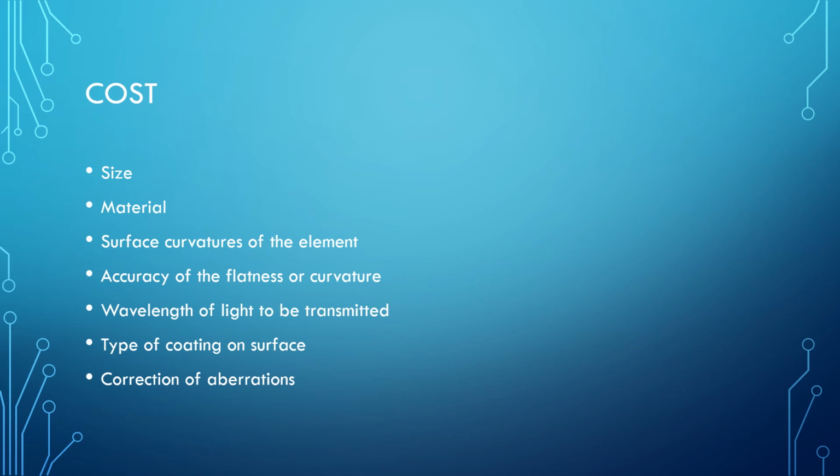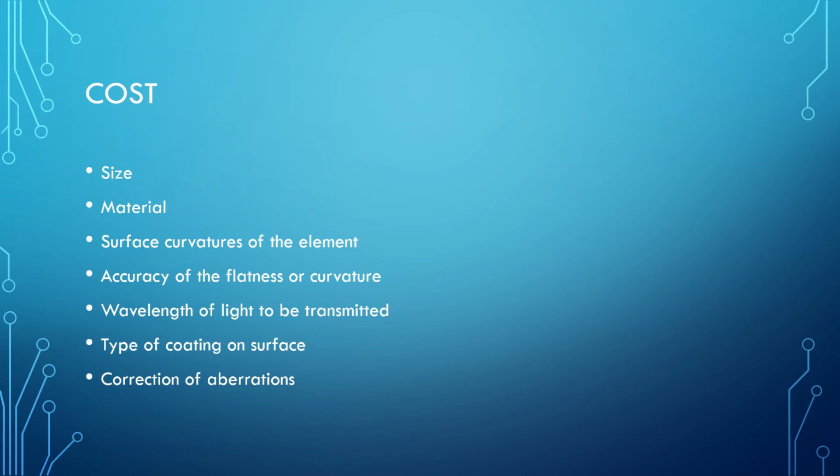So some of the factors that tell us how expensive a lens or optical component is going to be are its size. Again, think of that, the bigger that it is, the more material that it's using, so it's probably going to cost more. Similarly, if it's made out of a more expensive material, it's going to cost us more.